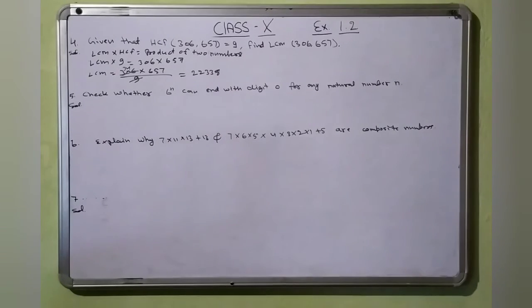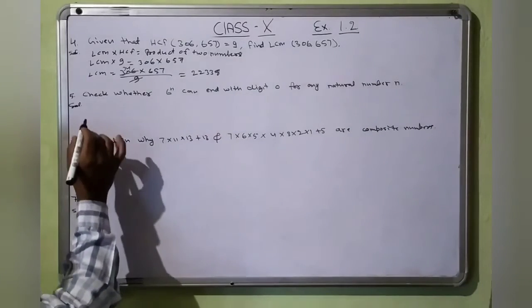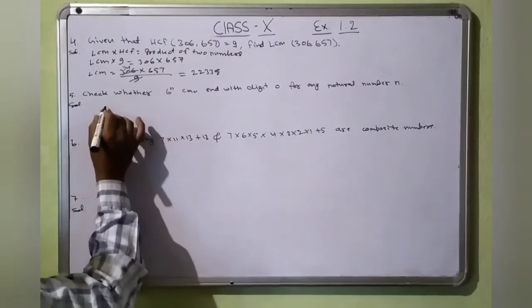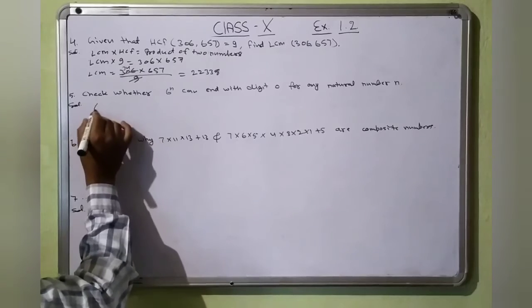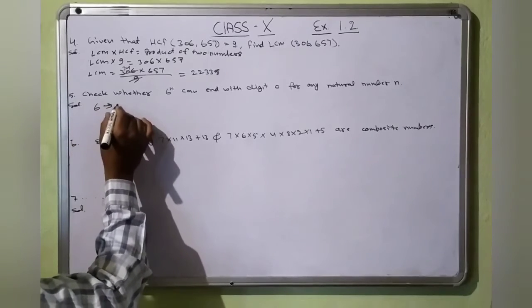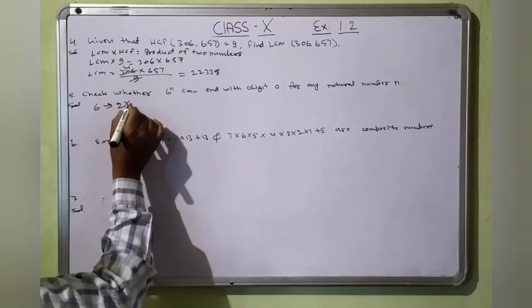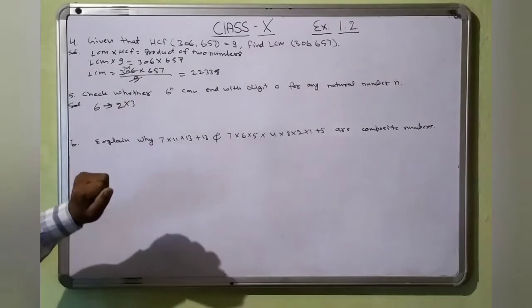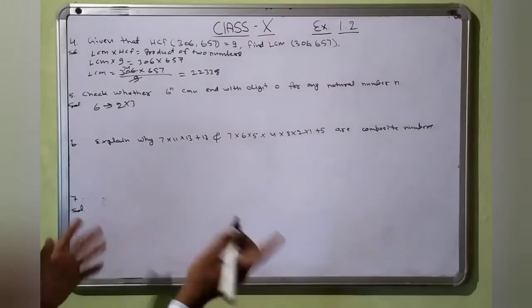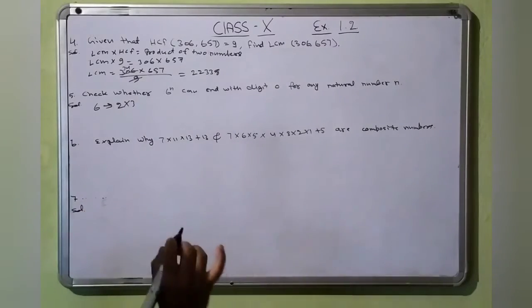Next question: check whether 6 power n can end with the digit 0 for any natural number n. First of all we will factorize 6. The factors of 6 are 2 into 3. You are looking, 2 is here, but 5 is not here, because 2 times 5 gives 10, whose last digit is 0.